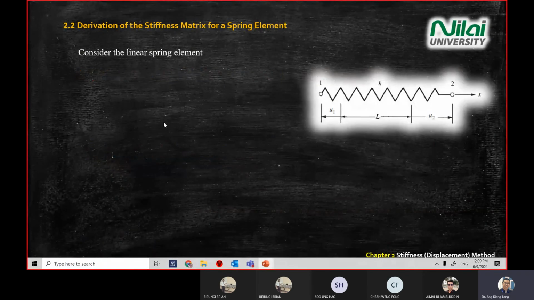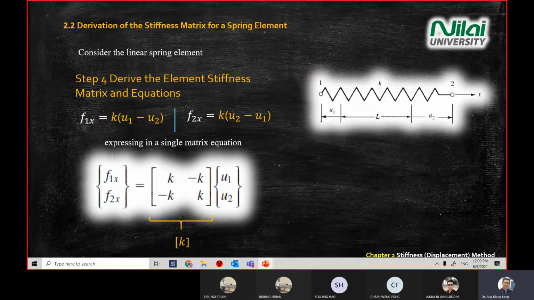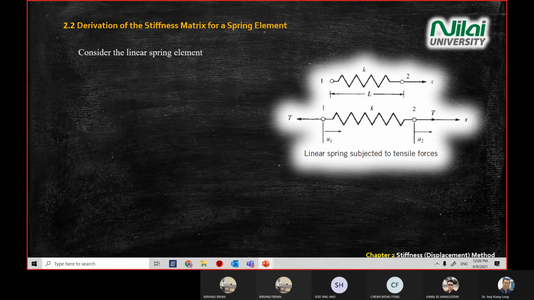Just to recap, what are the steps? First, you select the element type, or you do discretization, you do meshing first. Discretization means you break the element into a few points.